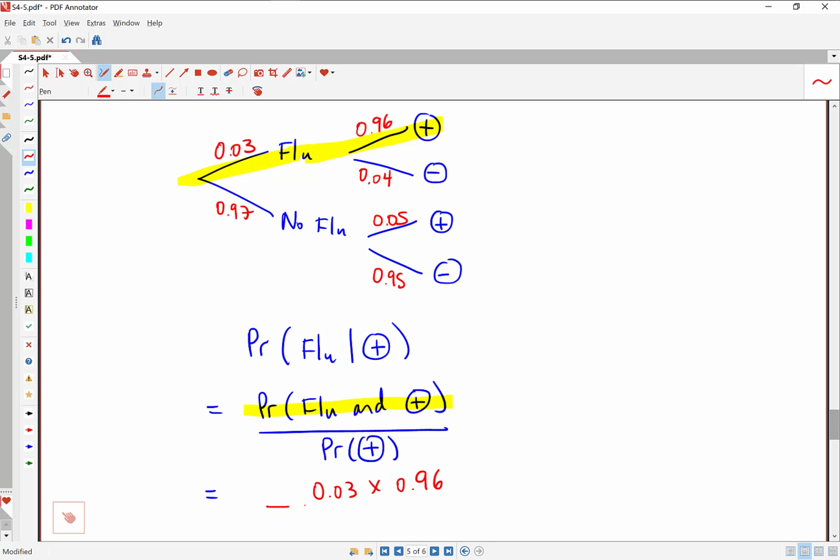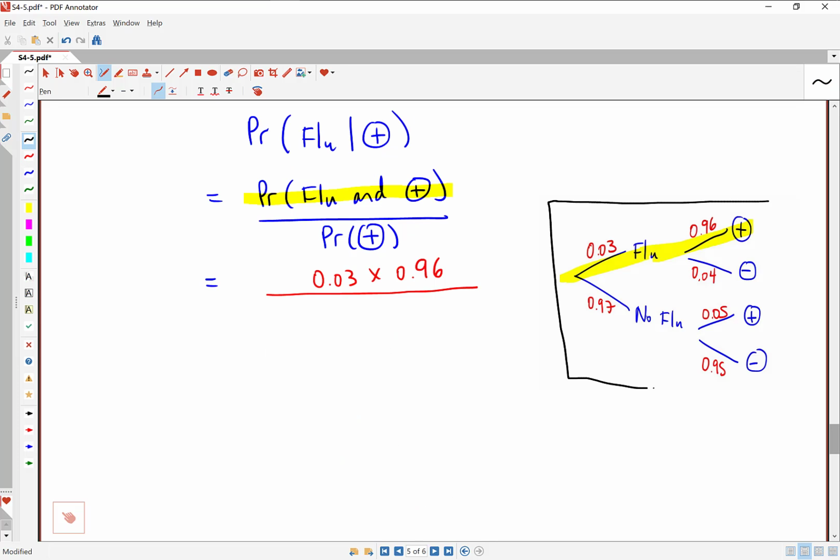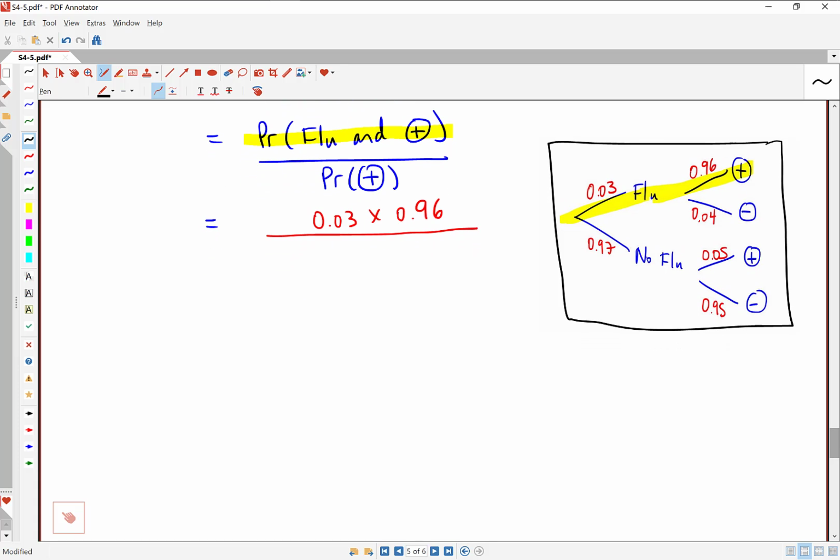Okay, and then that has to get divided by the probability that a patient is positive. So I've just redrawn the tree diagram over on the side here so that we can see it clearly while we're doing our calculation. So we want to divide by the probability that a patient is positive. Now this is where we need to think about all the ways that a patient can be positive.